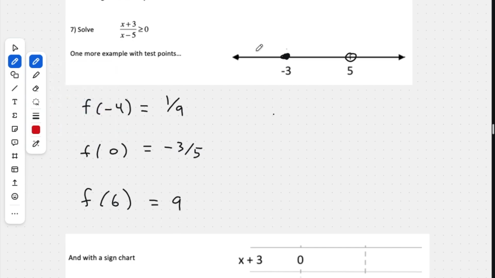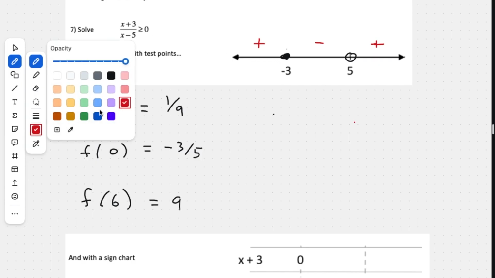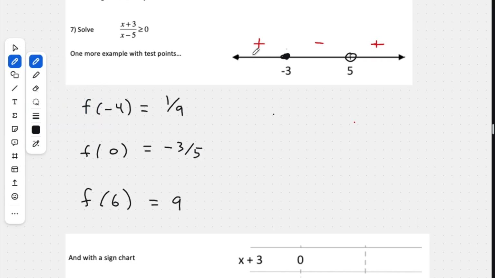And so that means that -4 came out positive, 0 came out negative, and 6 came out positive. And I want the greater than or equal to regions. So that means I want the positive ones. So I want to include this endpoint because it makes the 0 in the numerator, which is its intercept.